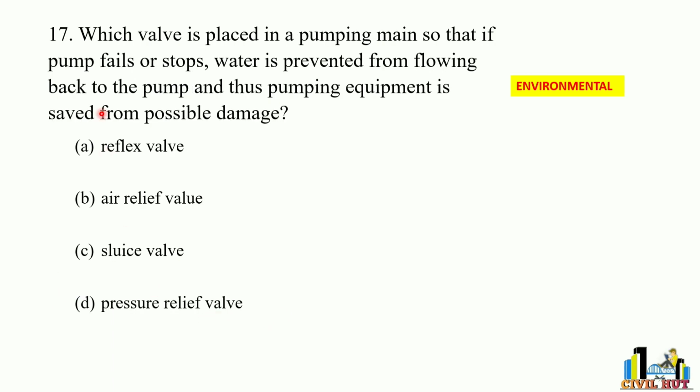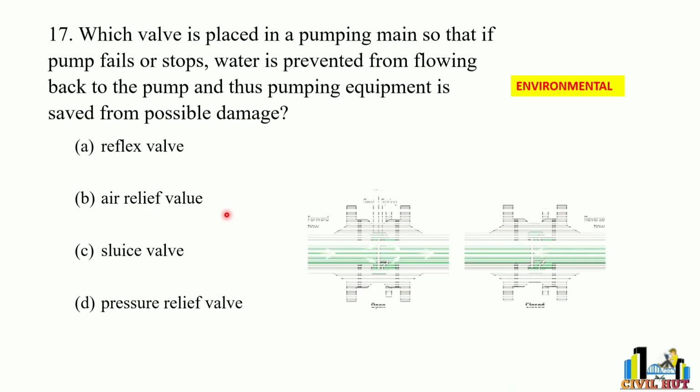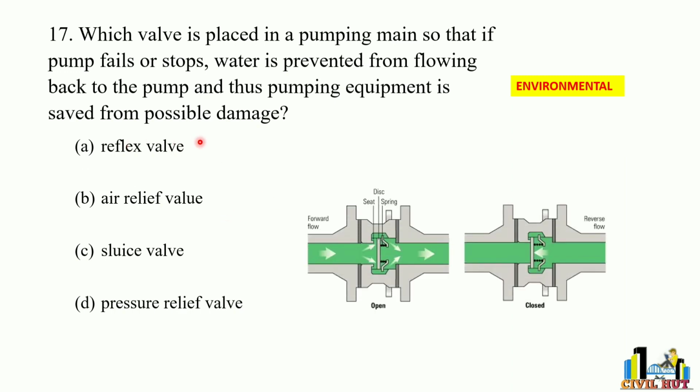Next question is which valve is placed in a pumping main so that if pump fails or stops, water is prevented from flowing back to the pump and thus pumping equipment is saved from the possible damage. A. Reflex valve, B. Air relief valve, C. Sluice valve, D. Pressure relief valve. In this, we prevent the return flow by using the reflex valve or check valve.